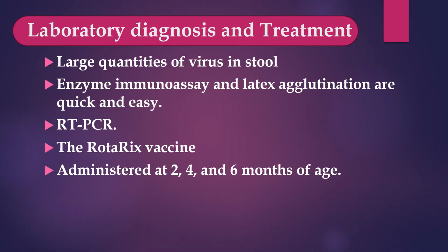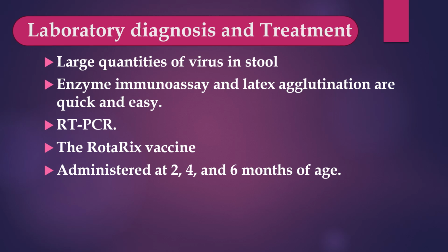Laboratory diagnosis and treatment of rotaviruses. The clinical findings in patients with rotavirus infections resemble those of other viral diarrheas, for example Norwalk viruses. Most patients have large quantities of virus in their stool, making the direct detection of viral antigen the major method of choice for diagnosis.